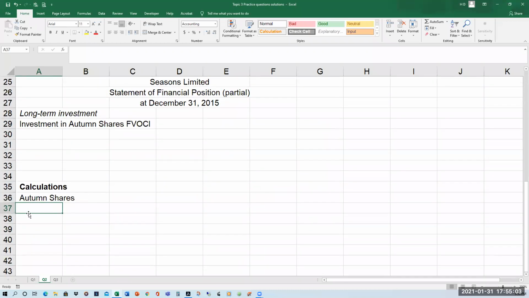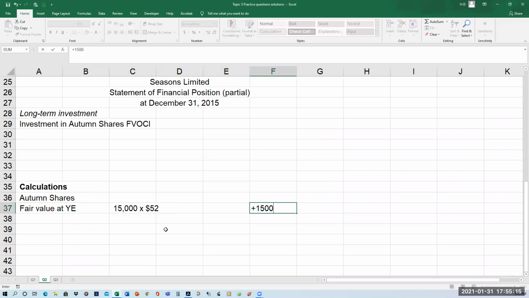So our fair value at year end is 15,000 shares at $52 each, $780,000. So that's the amount the investment is reported at on the statement of financial position.